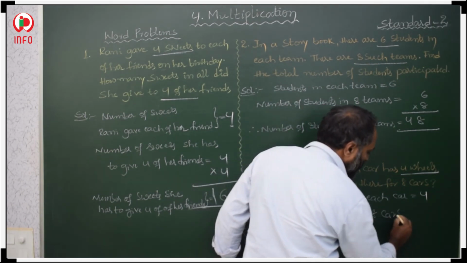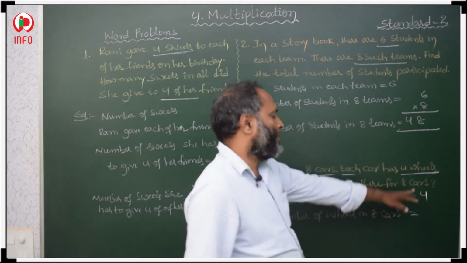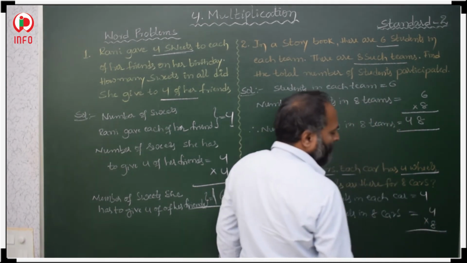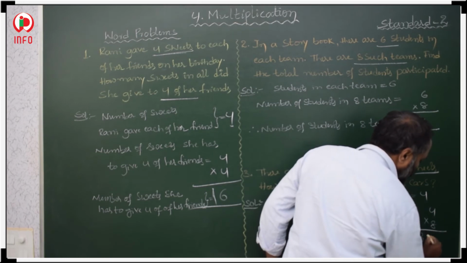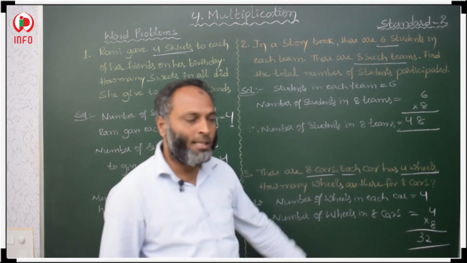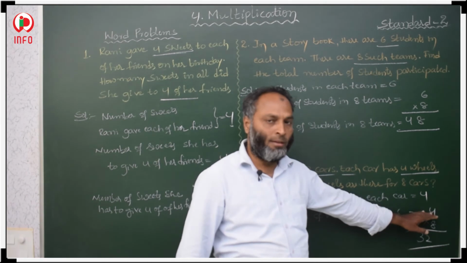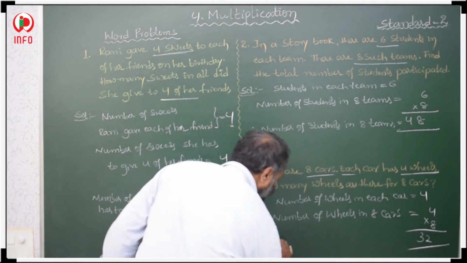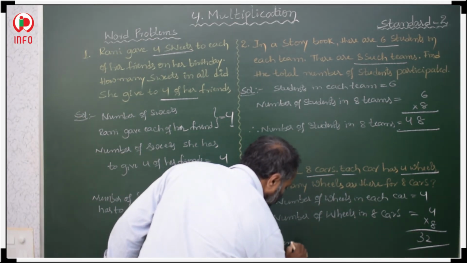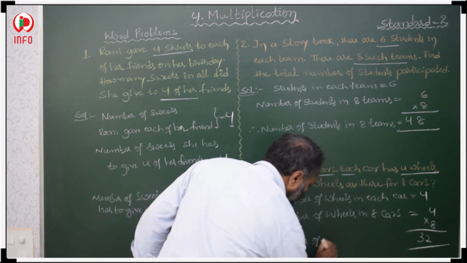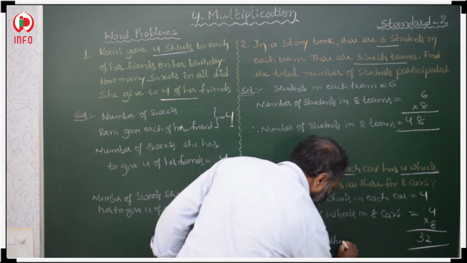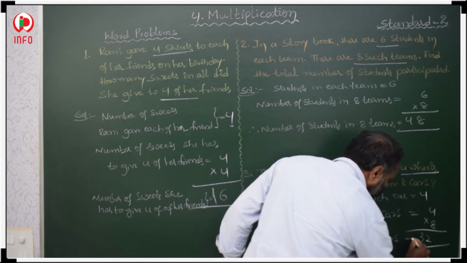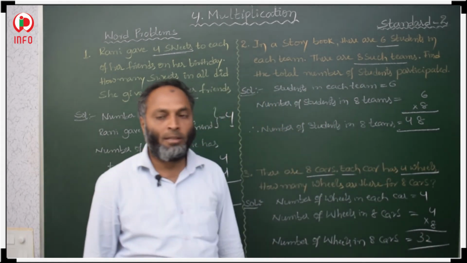What we have to do? So with unit we have to multiply, 4 with 8. 8 4s are 32. How many wheels are there? This is the simplification method, steps method and conclusion step. Then number of wheels in 8 cars, 32 wheels. Total how many wheels? 32 wheels.